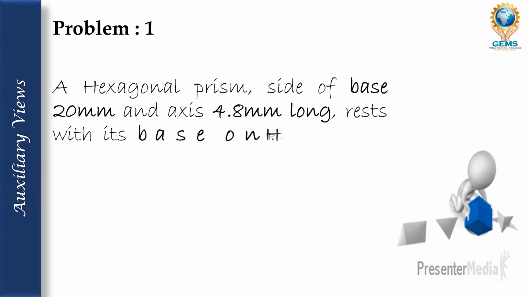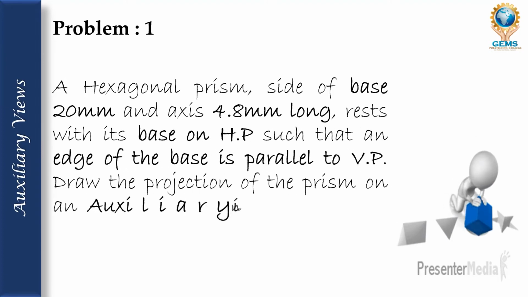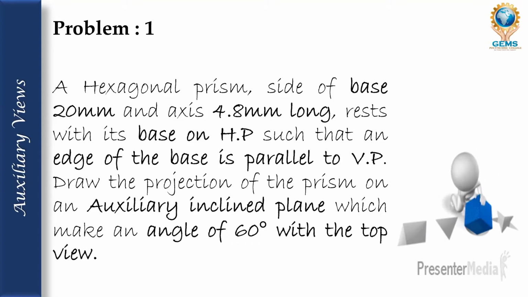A hexagonal prism, side of base 20 mm and axis 4.8 mm long, rests with its base on HP such that an edge of the base is parallel to VP. Draw the projection of the prism on an auxiliary inclined plane which makes an angle of 60 degrees with the top view.